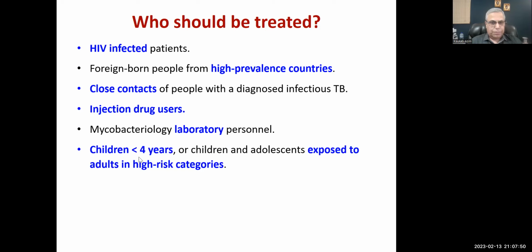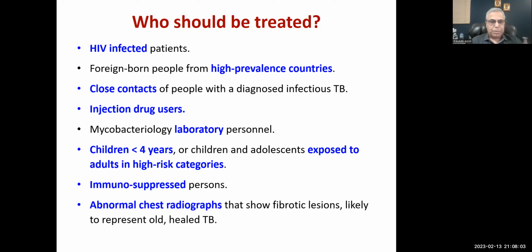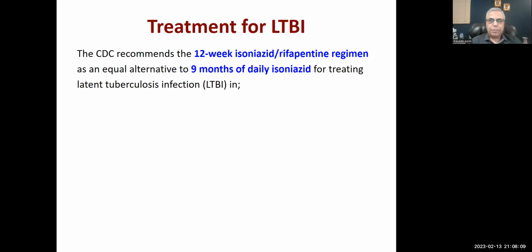You know, these children, even if they are exposed to high risk categories, they may or may not have tuberculosis. Even then, you have to give them treatment, okay? Immunosuppressed persons and those who have chest x-rays that are not normal.